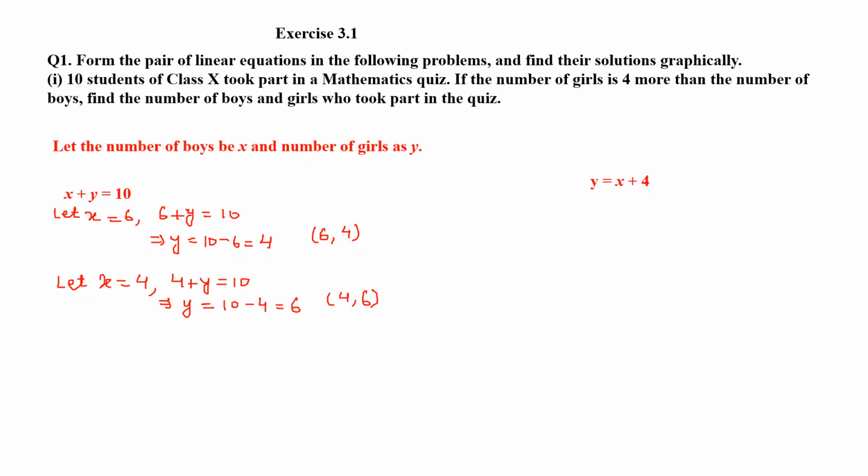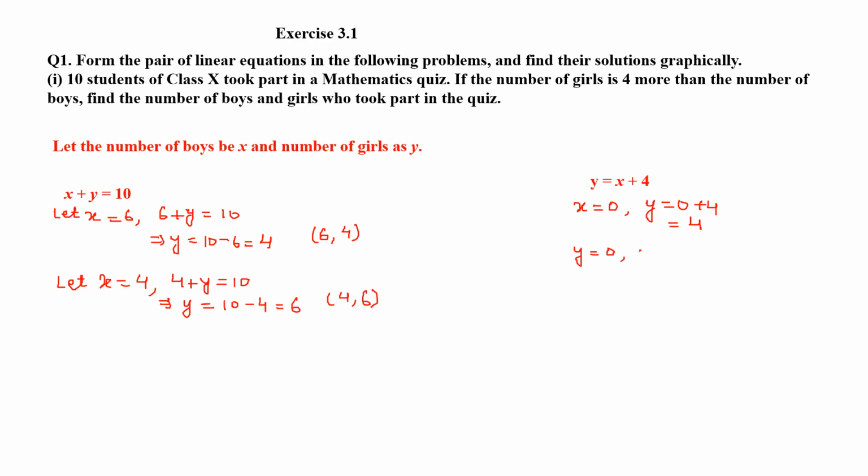Okay. So my first step is I am going to put x as 0. So when I put x as 0, my y coordinate will be 0 plus 4, which will give me 4. Okay. And second, I am going to put y as 0.